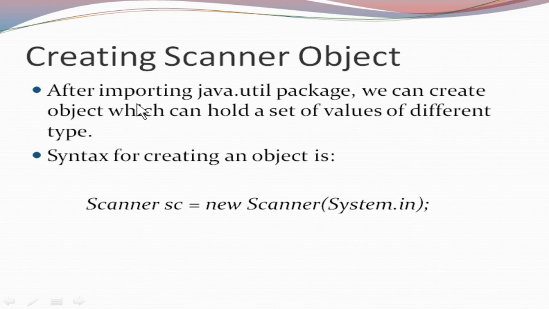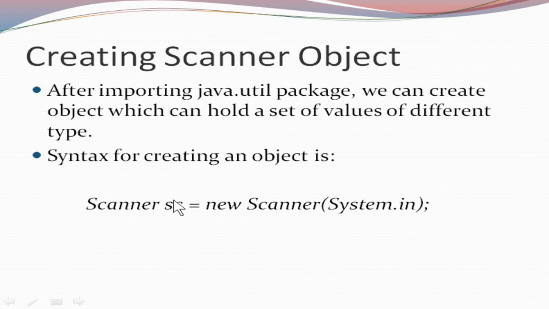Before getting the input, you have to create an object. Through the object you can accept the data. After importing the java.util package, we can create an object which can hold a set of values of different types. This object will hold the values, and they will be stored into the variables being used. Now the syntax for creating the object is: you should have the Scanner keyword. You can see capital S is used, and se is the object.